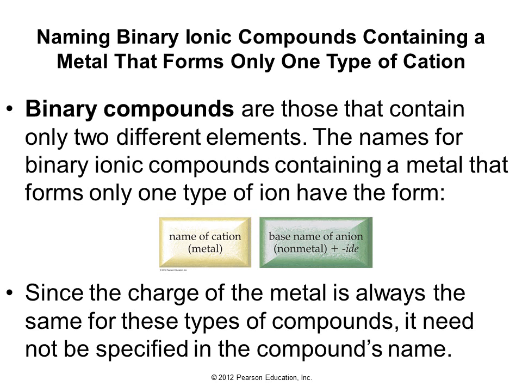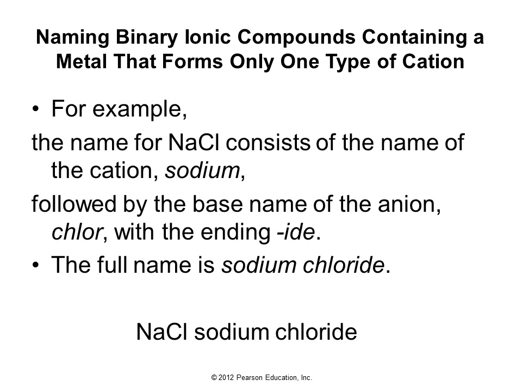It will always mean it's a binary compound, only two elements present. Here's an example: sodium chloride. The metal is called sodium. You just name it. Then you have chlorine, so we chop off the "ine" and put on the "ide." So the full name of this is sodium chloride.